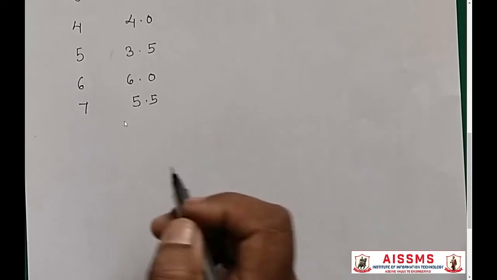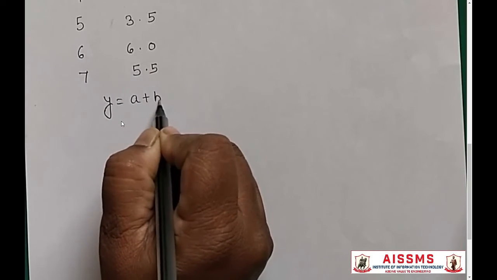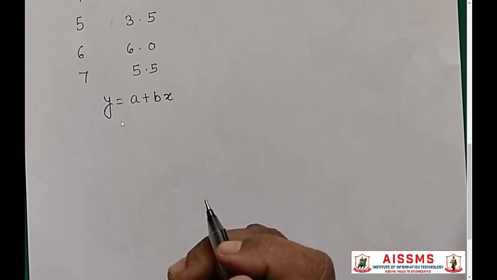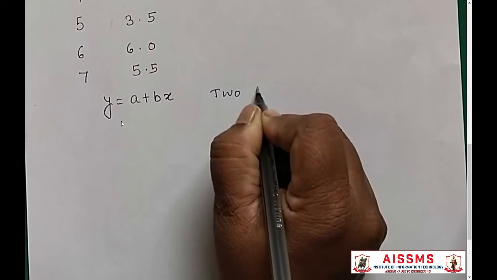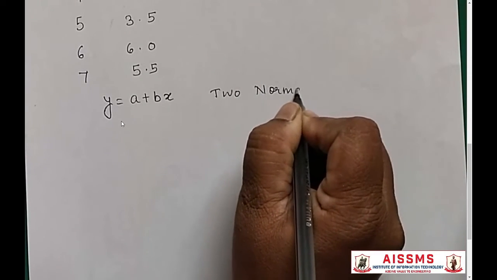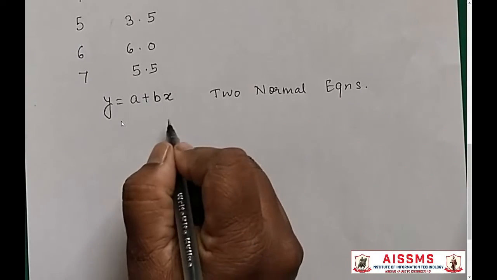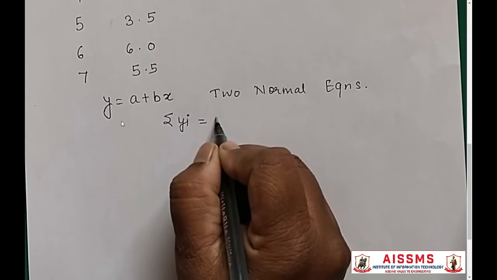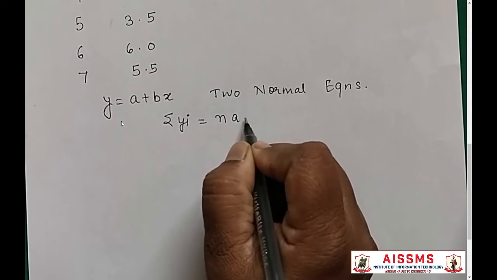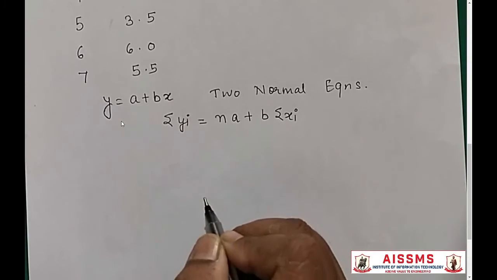and the straight line is given as y is equal to a plus bx. And the two normal equations which are given are: summation of yi is equal to na plus b into summation of xi.